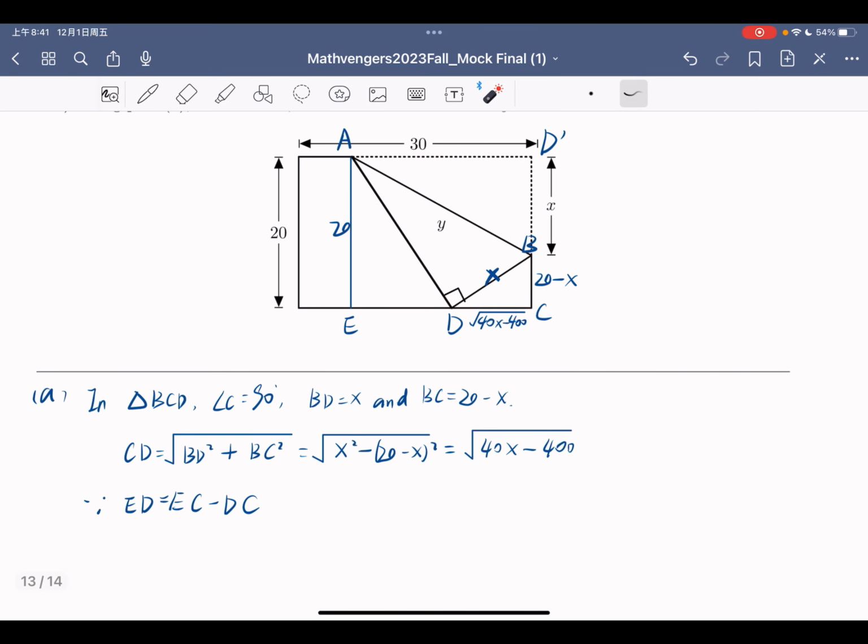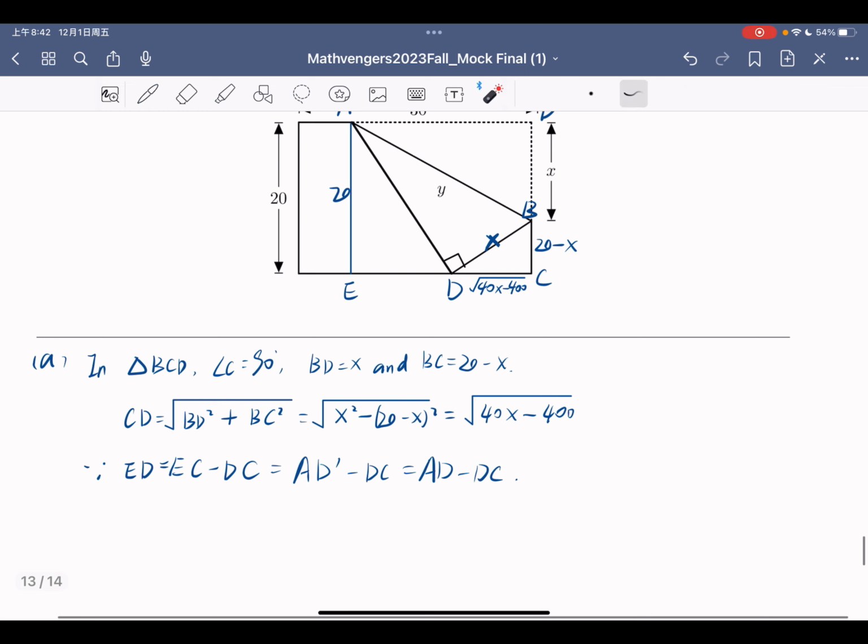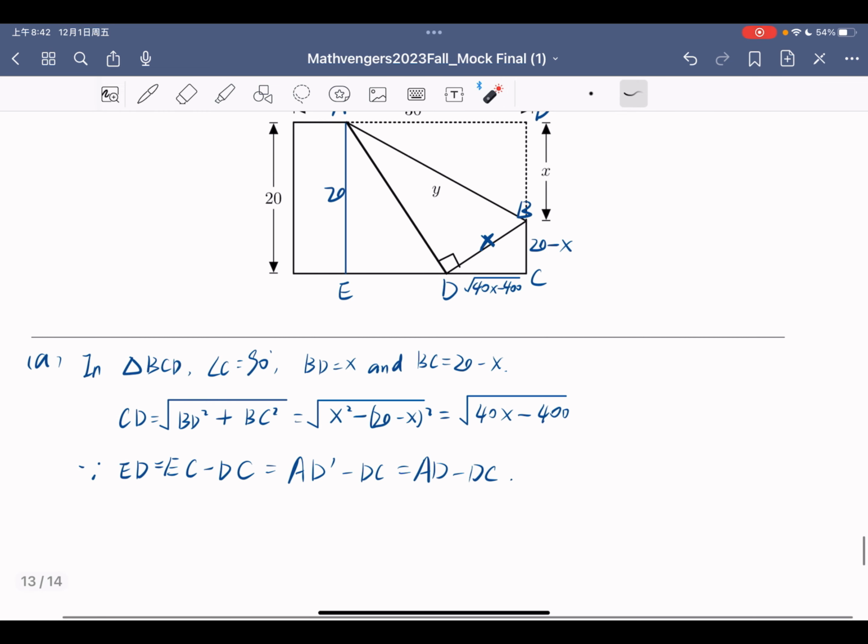And we know that AD prime is equal to AD because D corresponds to D prime, these two points are folded. So we can write EC is equal to AD prime, which is equal to AD. So we can rewrite ED as AD minus DC, and we already know the formula for DC.